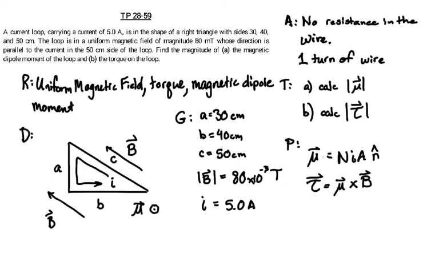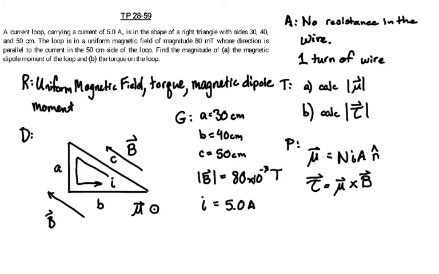Alright, so how'd you do? Well, it looks like we're only going to need 2 equations for this problem. So if you have these 2 equations, then great job. If you don't have those 2 equations, then let's talk about why we need them. The first one is our magnetic dipole moment. And really this is a measure of how an unknown sample of material, if current passes through it, is going to behave in a magnetic field.